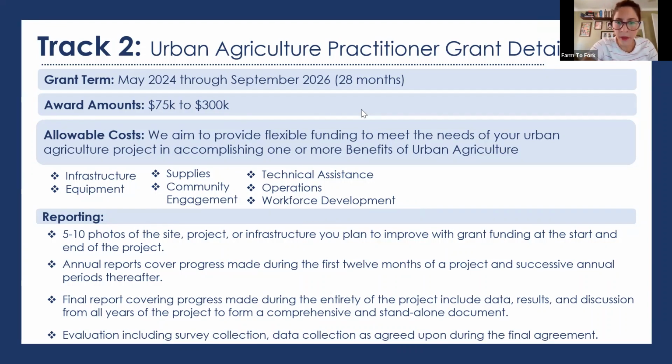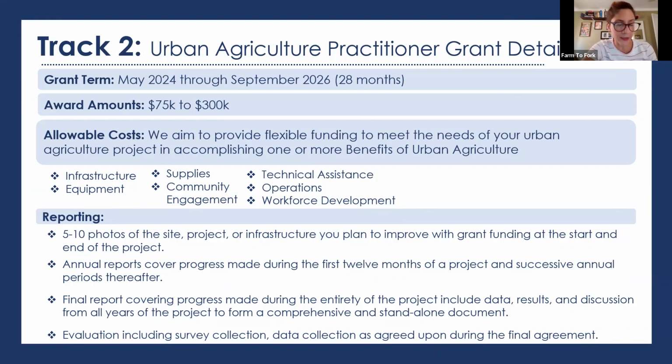Okay, sorry about that. And then the reporting requirements for track 2 include submitting 5 to 10 photographs of the site, the project or the infrastructure where you plan to use some of the grant funding. So there will be 5 to 10 photos that you would submit during the application period, and then 5 to 10 photos that you would submit at the conclusion of the grant, so 28 months later.